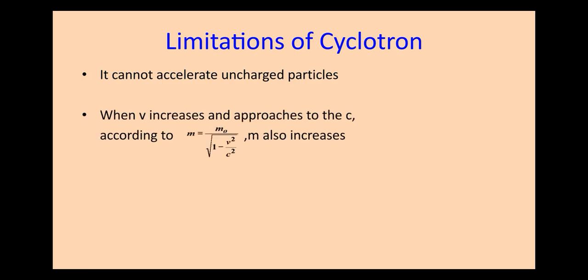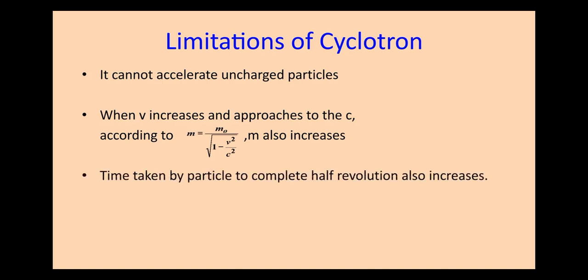Now, the second important thing is that when velocity increases, and if it is a lighter particle, then it may be possible that the velocity approaches the velocity of light. So according to Einstein's relativistic mass formula, as velocity increases, the mass of the particle also increases. If mass increases, then the time taken by the particle to complete half a revolution also increases.